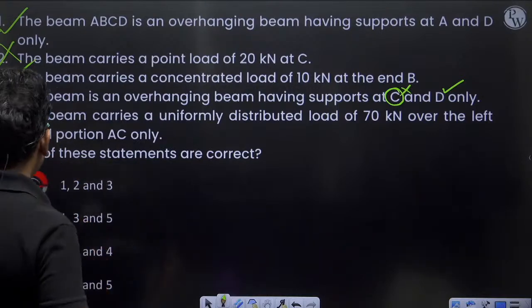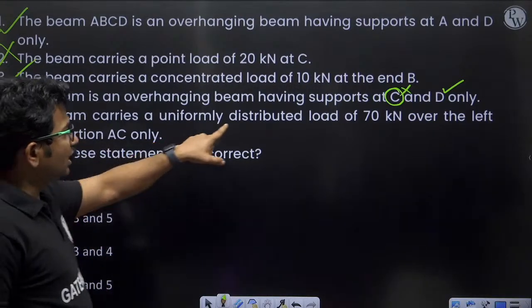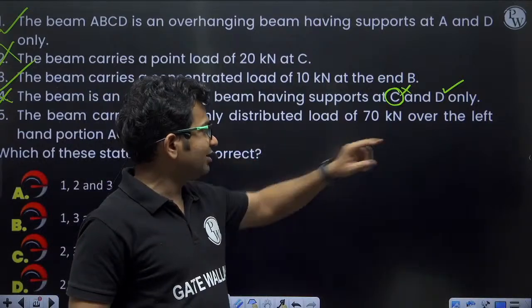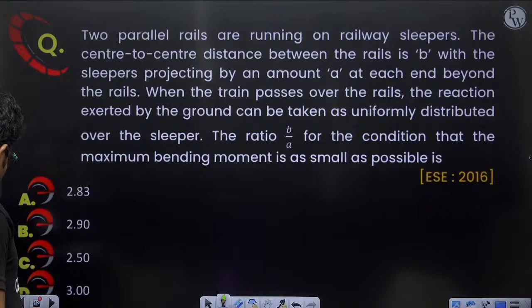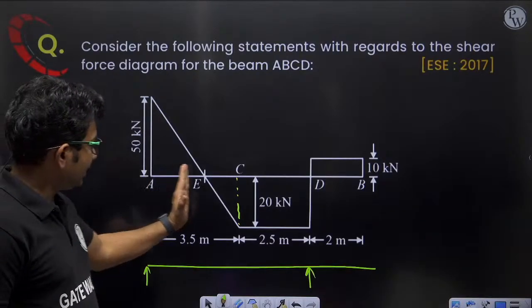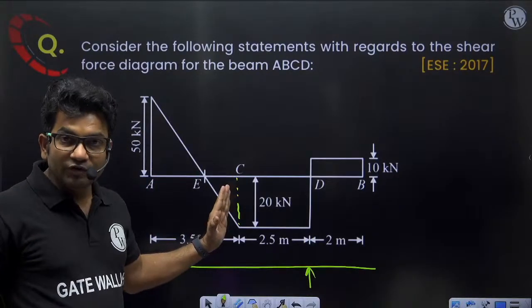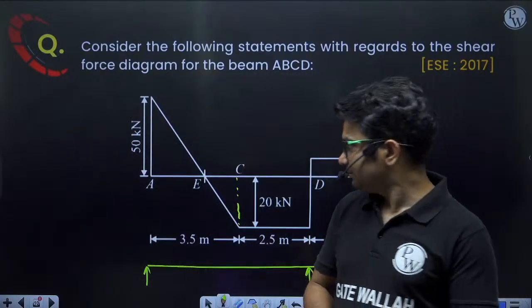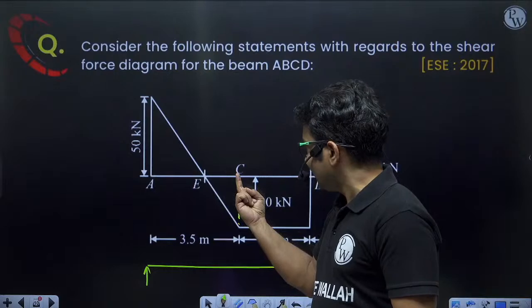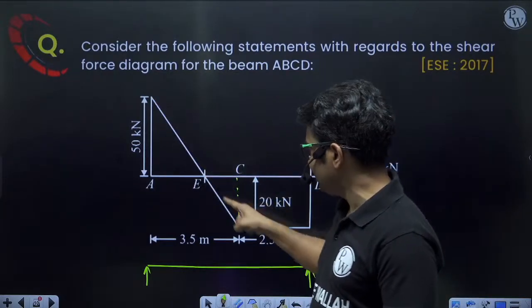Okay. Fifth, the beam carries a uniformly distributed load of 70 kilonewton over the left hand portion AC only. On this portion AC, do we have a uniformly distributed load of total magnitude 70 kilonewton? In portion AC, I can see that the shear force diagram is changing linearly.